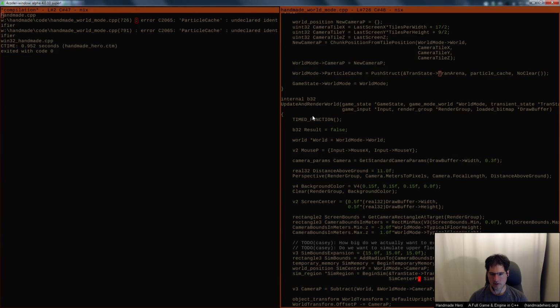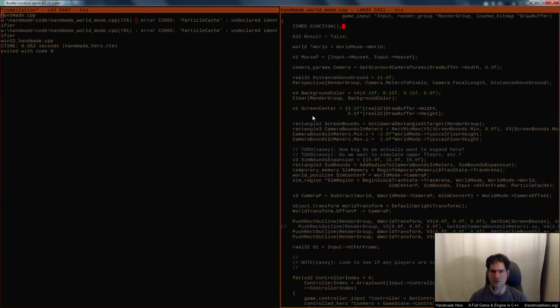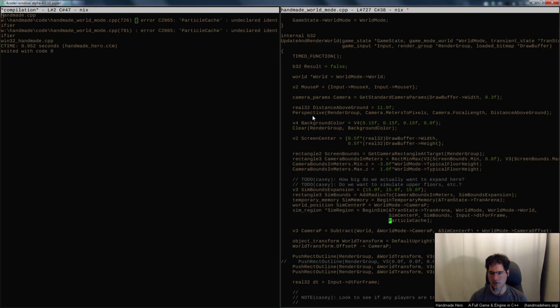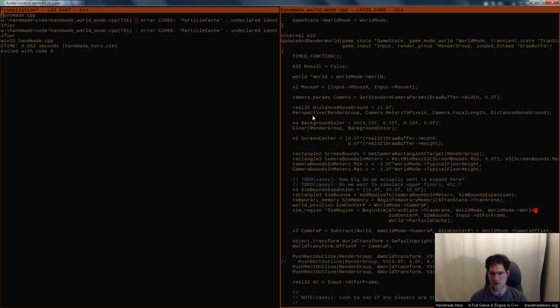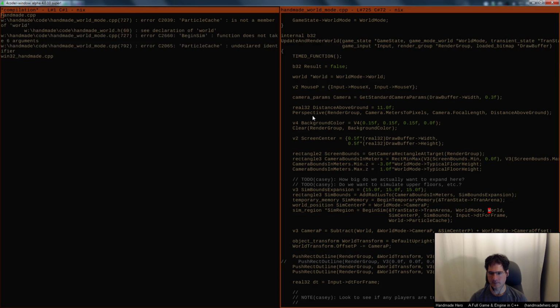Which function are we in? Update and render world. So yeah, in here we just need the world. So I don't know why this does world mode arrow world when that's right up here. I'm going to assume it's safe to delete that and leave it that way.